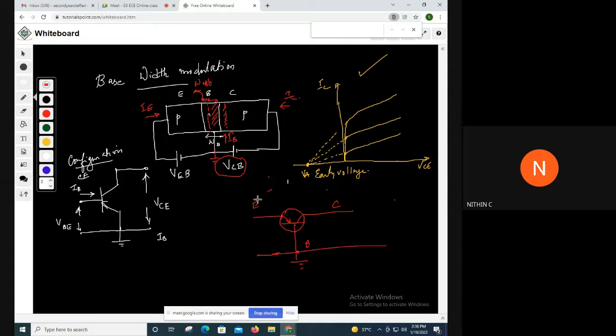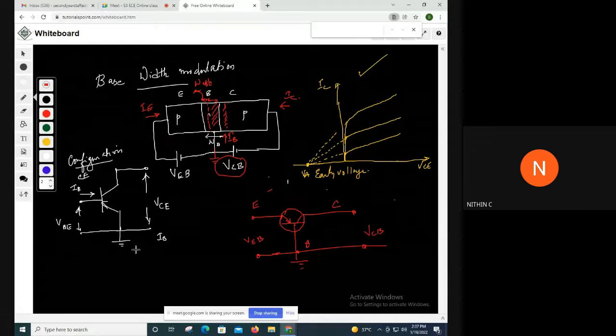Can you tell which configuration I have drawn now? This one was common emitter, and this is the common base configuration.